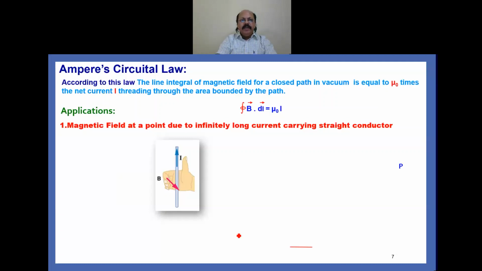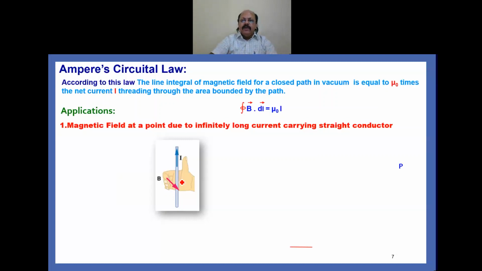Now its applications. The first application is the magnetic field at a point due to an infinitely long current carrying straight conductor. You see the diagram is given here. Here we have an infinitely long current carrying straight conductor. If we hold it in our right hand, then the thumb represents the direction of the current and the curl of the fingers towards the nails represents the direction of the magnetic field lines.